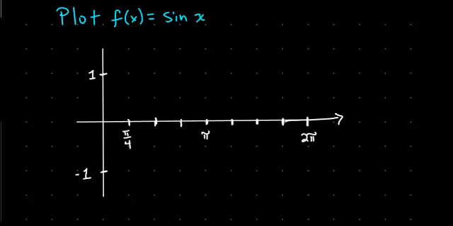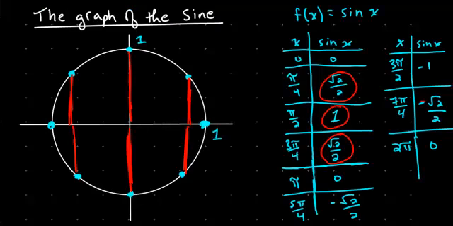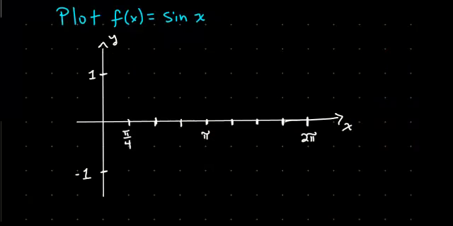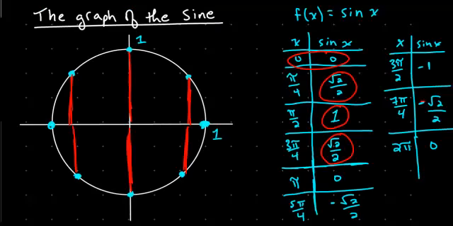Okay, so here's my x, here's my y. As we saw, when we put in a 0, we got that the sine of 0 is 0. So that gives me that point right there. Now pi over 4. The sine of pi over 4 is root 2 over 2.